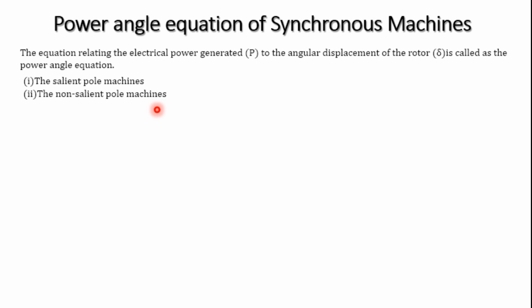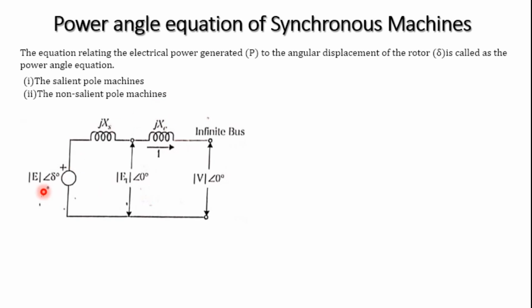Here the air gap is uniform along the rotor periphery, and hence the flux linkages in the D axis and Q axis are equal. So we have Xs equal to Xd equal to Xq. Practically all high-speed turbo alternators are cylindrical in construction.